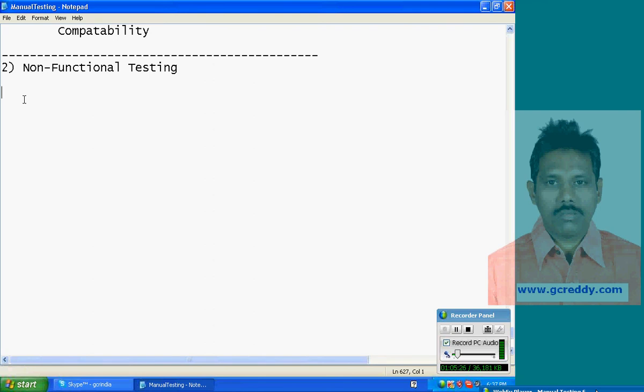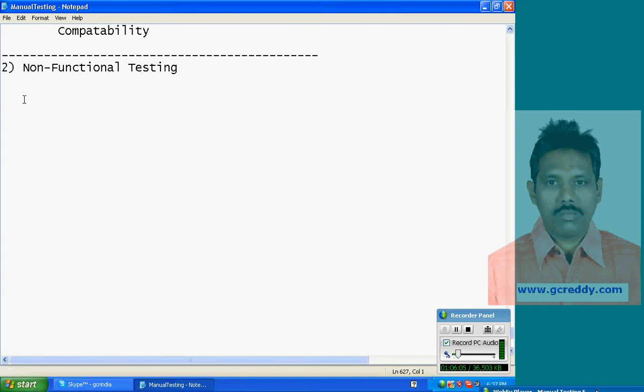See, testing quality attributes or product characteristics. Product means here the outcome. Checking software product characteristics based on non-functional requirements.